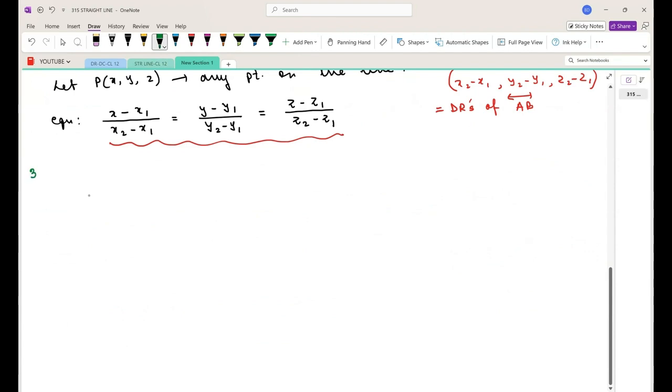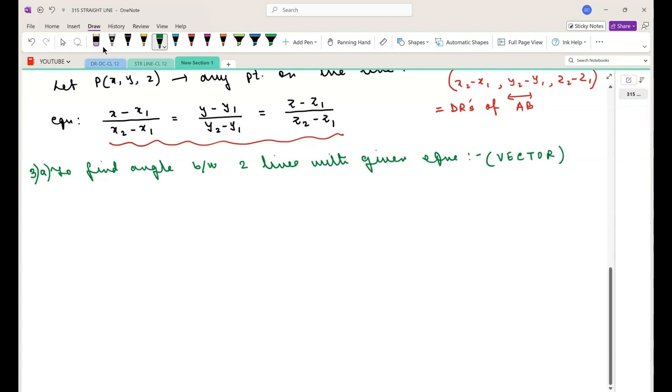Now the next topic that we will do is the angle between two lines when their equations are given. So 3, to find the angle between two lines with given equations. Again, we'll first do the vector form and then the Cartesian form. Right.